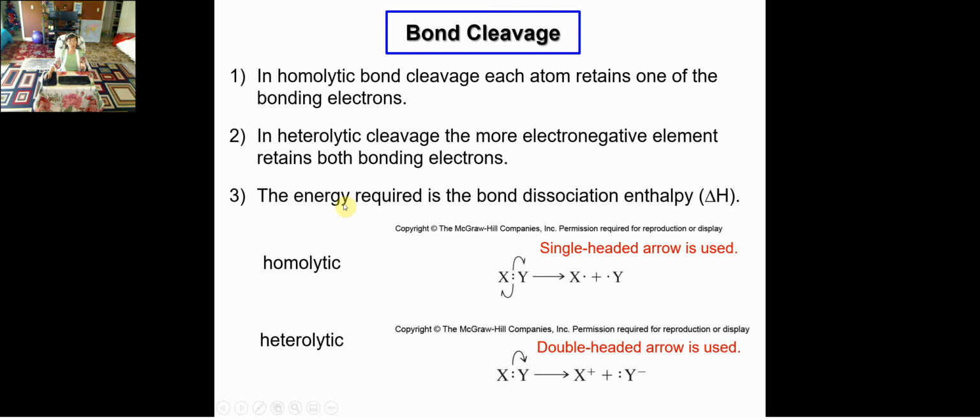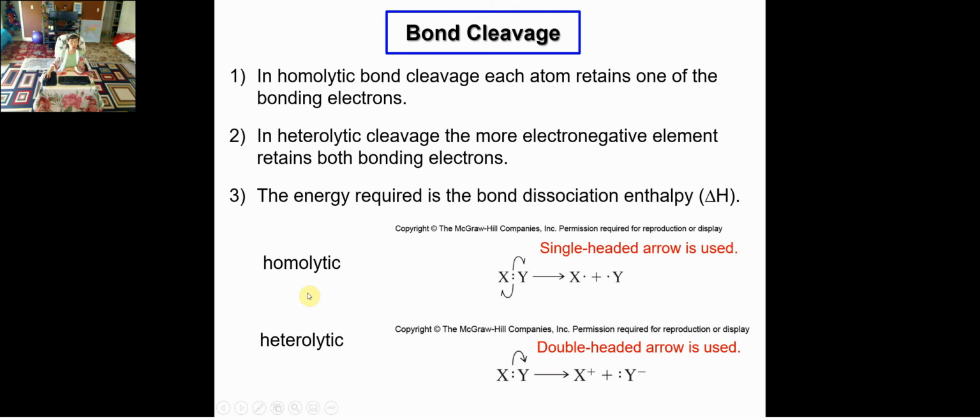Energy is required for this bond dissociation, so it's called bond dissociation enthalpy. Bond dissociation enthalpy can also be used to measure bond strength. The stronger the bond is, the more energy is required to break it.